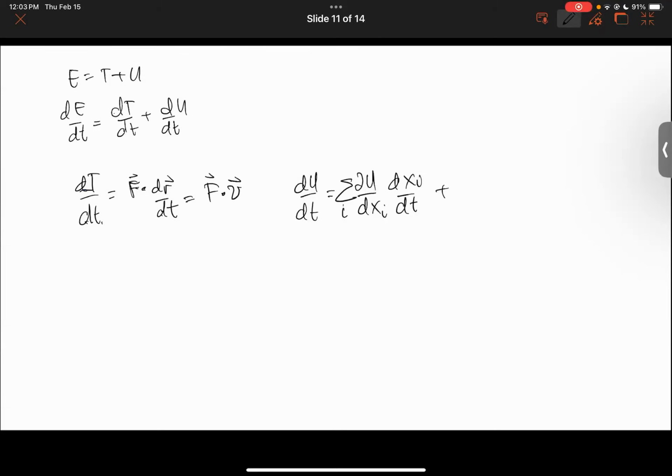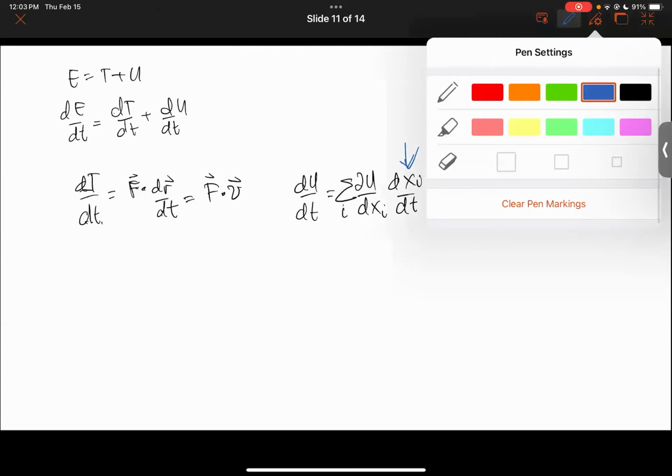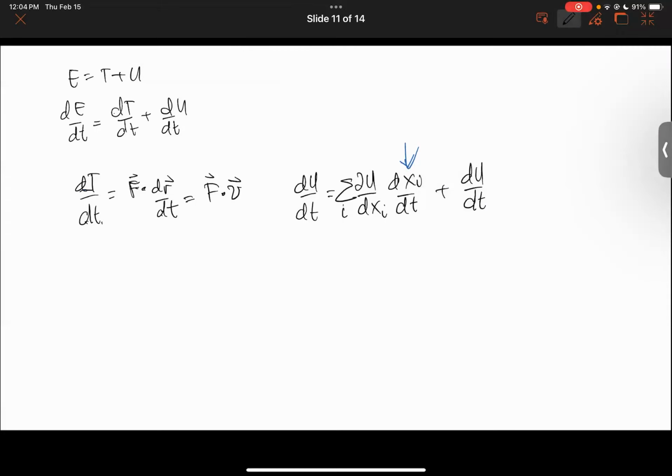And then of course, if the potential has a dependence on time, kailangan din natin isulat in that way. Now itong term na ito is the velocity term, so that's x dot, and itong term na ito is the gradient of u.